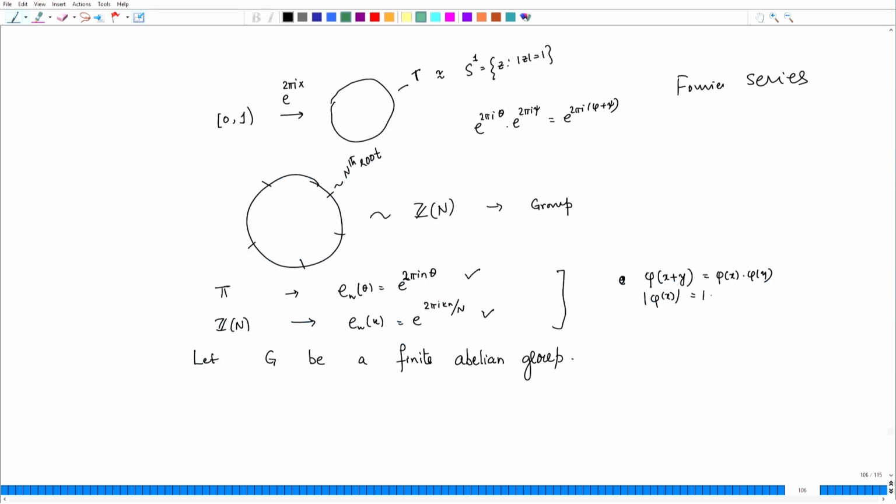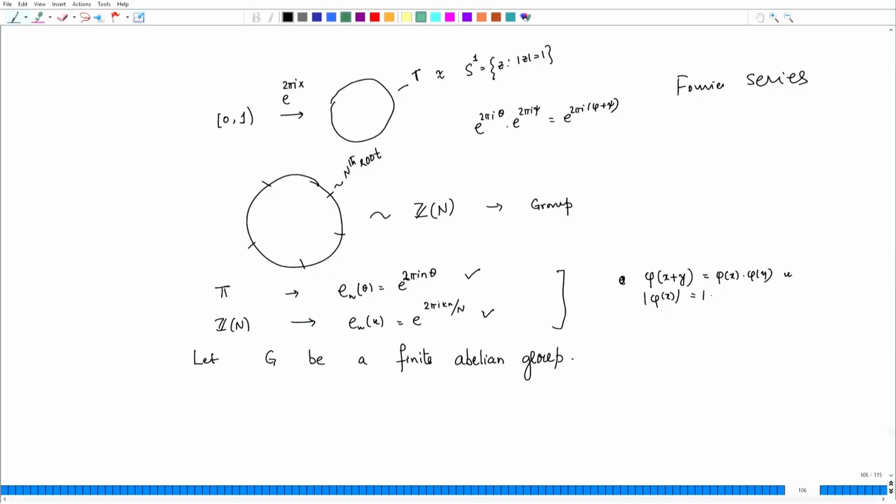So, now in other words, this is preserving the group property, because we are considering the circle as a group. So, now this is a map from circle to circle, which is preserving the structure of the homomorphism, because in the circle if you take e to the power i t into e to the power i s, then this would be e to the power i t plus s.